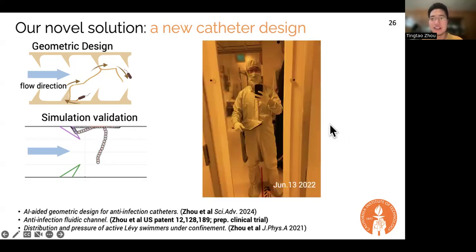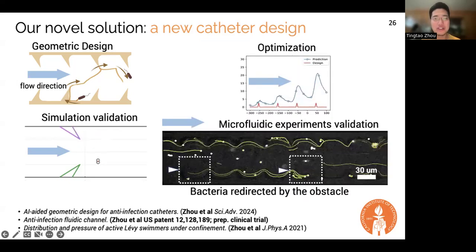I was quite excited, so I tried to see this in a real experiment. For me, it's a very exciting and novel experience because I'm trained as a theorist, so I had never done an experiment before this one. I was really happy, and this is a photo of myself in the clean room where I was doing photolithography to manufacture these microfluidic channels.